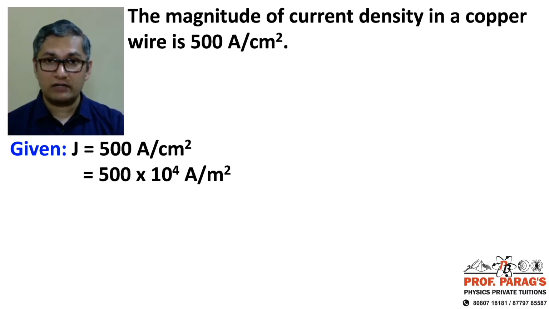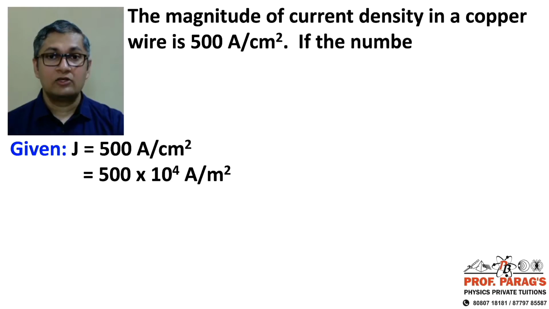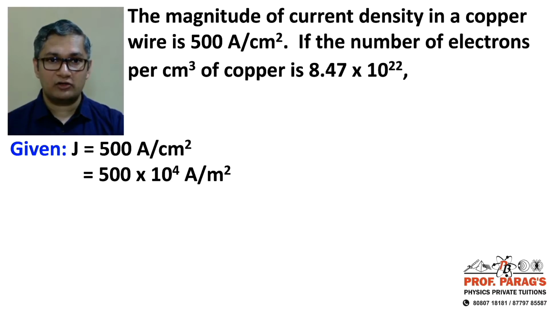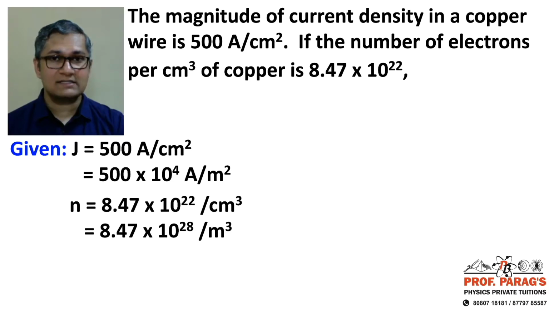So we'll continue reading. Please note, we are going to read the entire question slowly, part by part. If the number of electrons per centimeter cube, so that means they are talking about the number per unit volume. So again, we will note it down as small n, and it is 8.47 10 to the power 22. But since it is centimeter cube, which is not the SI unit for volume, we will use meter cube.